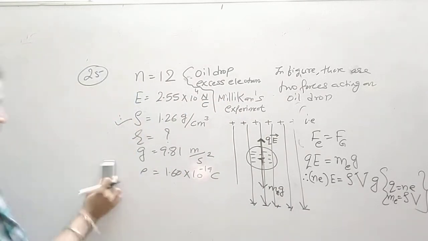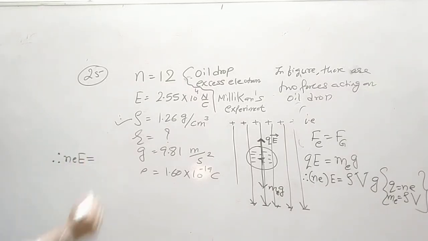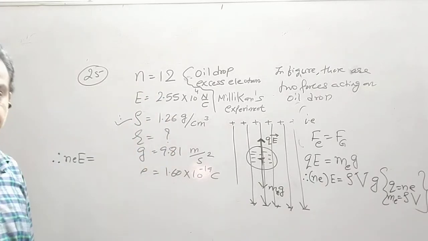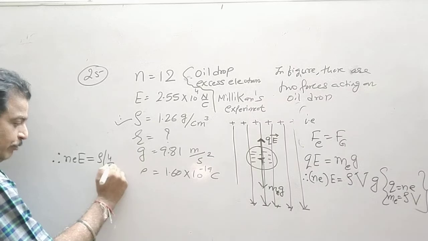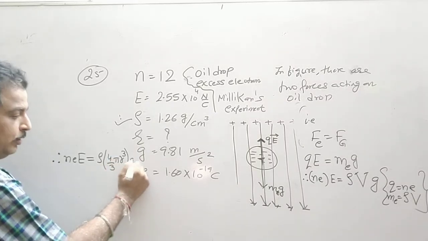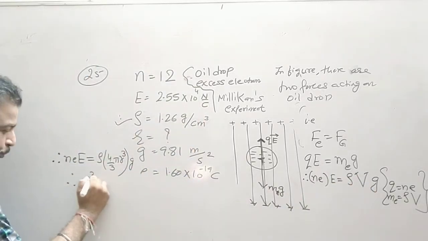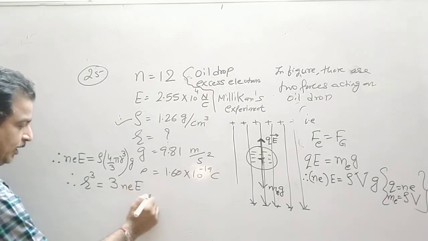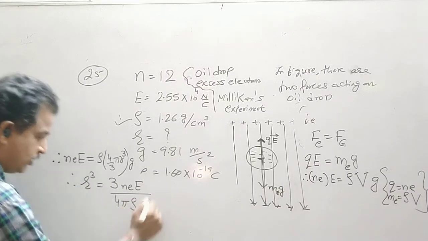Therefore, NeE is equal to density into the volume of the sphere, 4 by 3 pi r cube, into g. Density is given, it is not a problem. Therefore, r cube is equal to 3NeE upon 4 pi rho g.